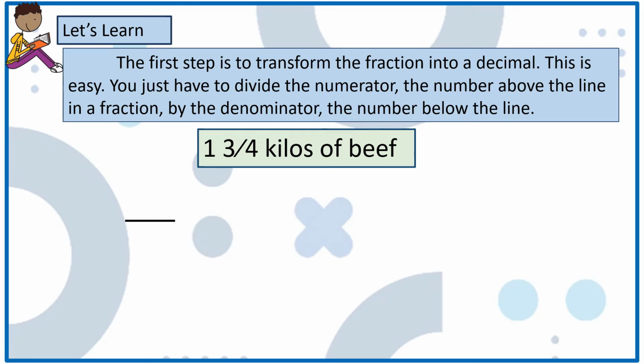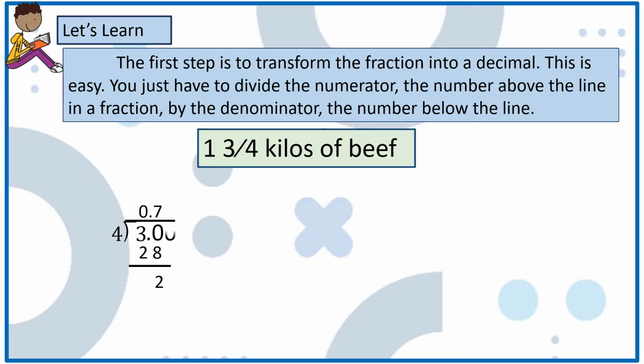Next, 1 3/4 kilos of beef. You are going to divide 3 by 4. 3 divided by 4 cannot be, so you need to add 0 to make it 30. 30 divided by 4 is equal to 7, and 7 times 4 is 28. Then 30 minus 28 equals 2.